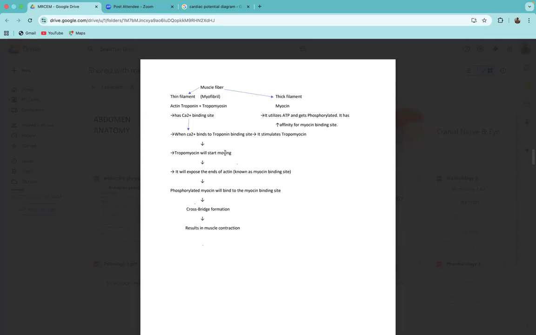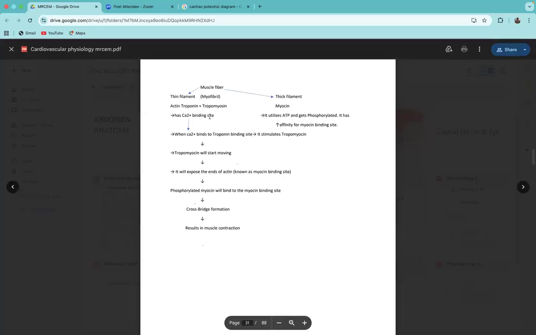When the tropomyosin moves, it exposes a site where actin can bind with the myosin. The tropomyosin moves forward and makes a place for the myosin to bind with the actin.